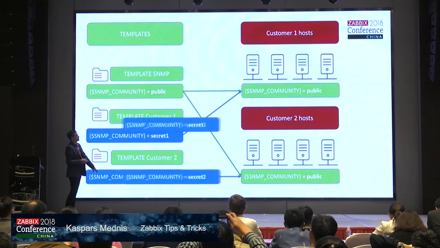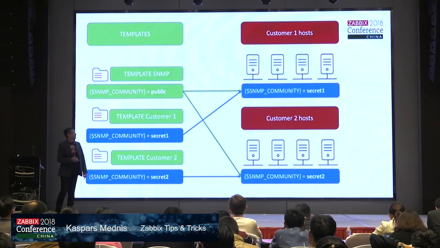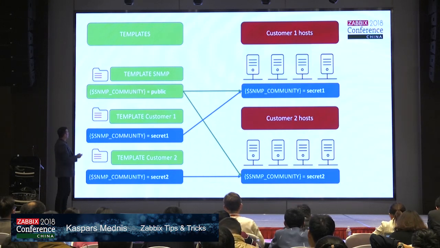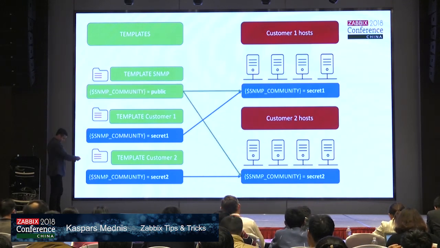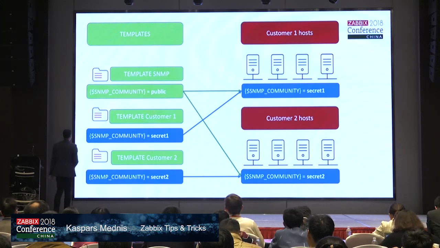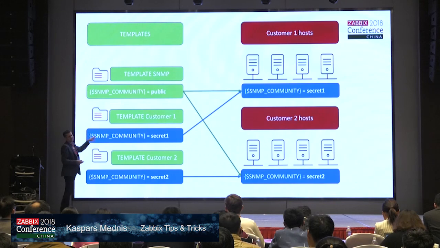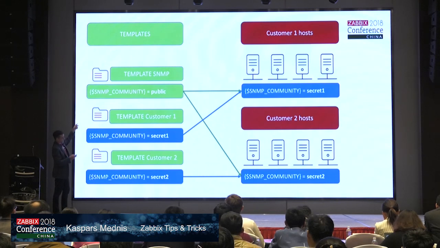And then assign them to those customers. So they will replace the community. It is a good idea to even remove this one. Because if you leave this like that, the template with the highest ID will win, but it's not a good idea to assign macros which can conflict in theory.